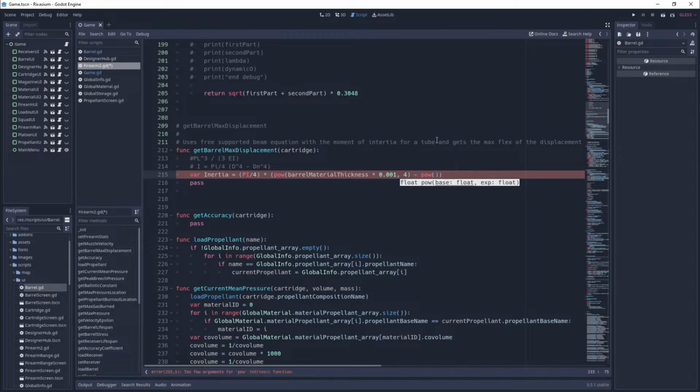And this is just going to simply be, what is it, the barrel projectile diameter times 0.0014. So just kind of how this works. That is what we are aiming for.